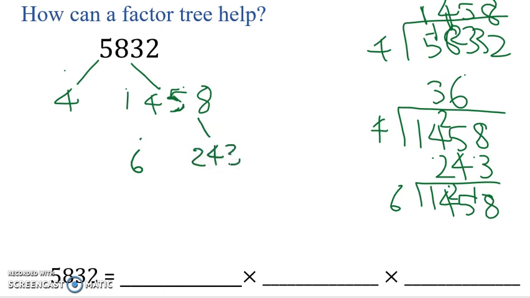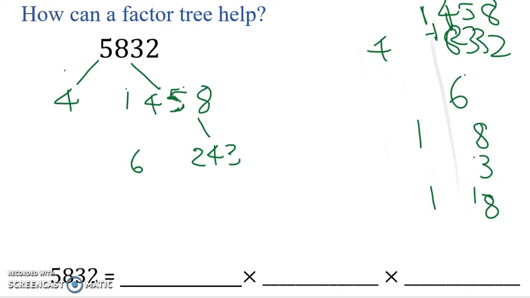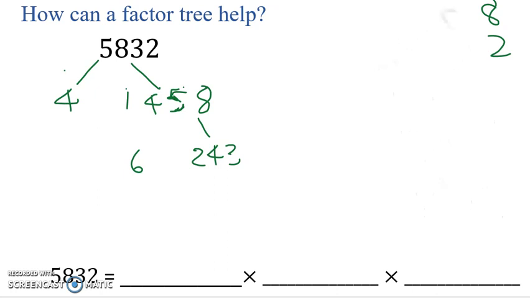Let me clear some space for myself so I can do some more dividing. So now I'm getting closer. I can break 4 down into 2 prime factors, 2 times 2, and 6 I can break down into 2 prime factors of 2 times 3, and now all I'm left to deal with is 243.